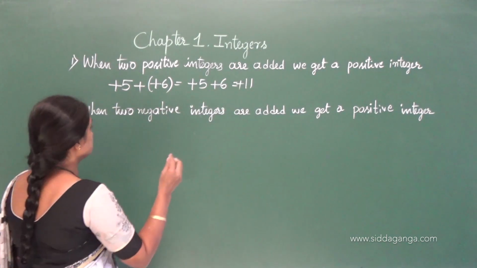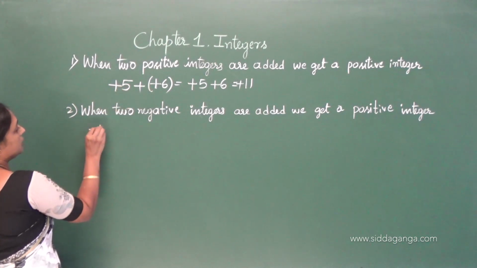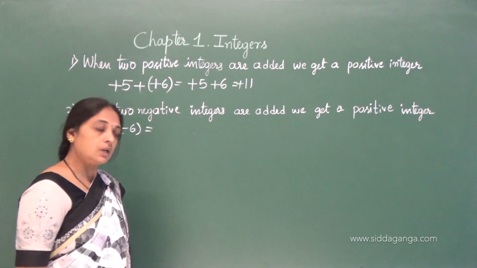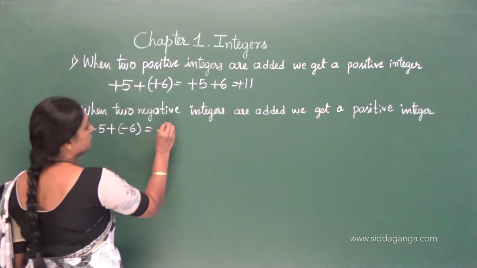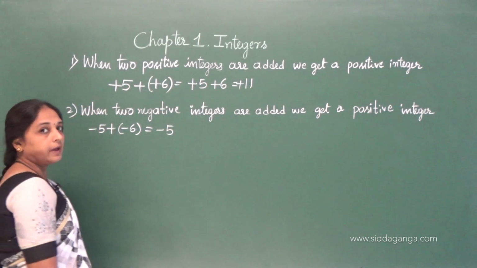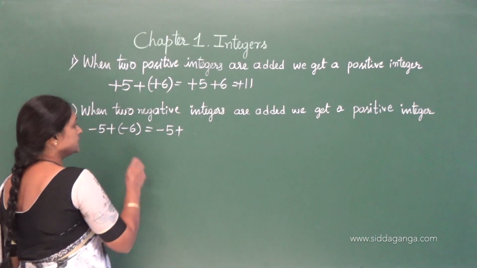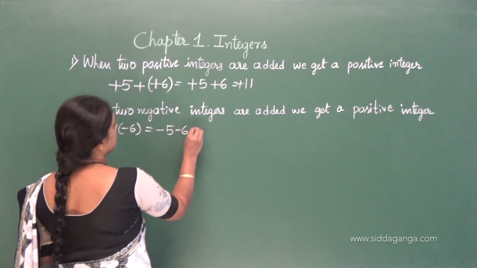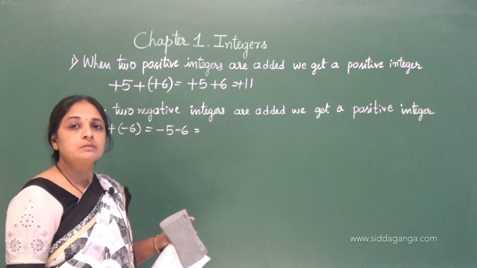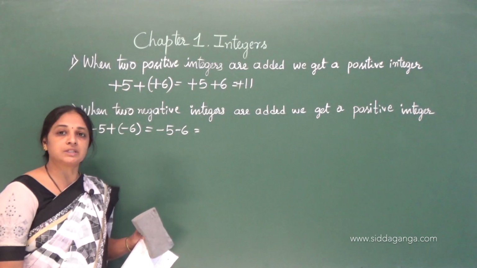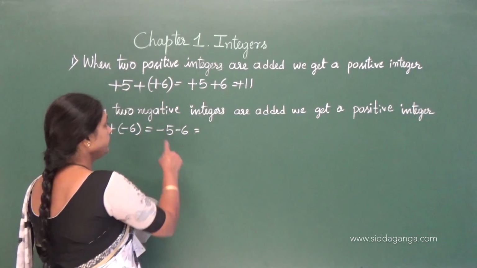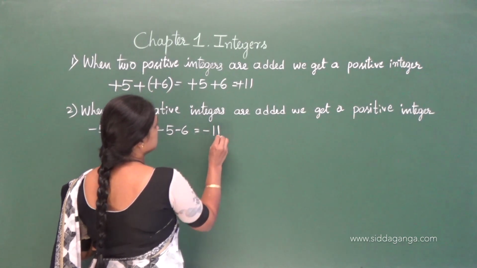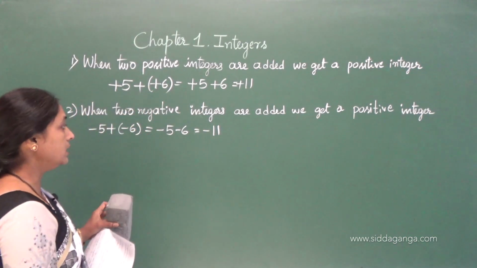Both are negative integers. So minus 5 we have here, and we have to add those two. Plus into minus is minus, we get minus 6 here. When the numbers have the same sign, we add them. Minus 5 and minus 6 together makes minus 11.